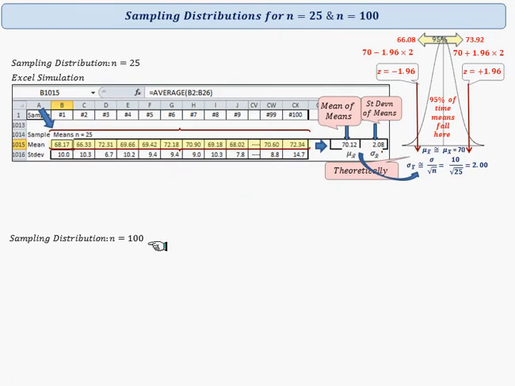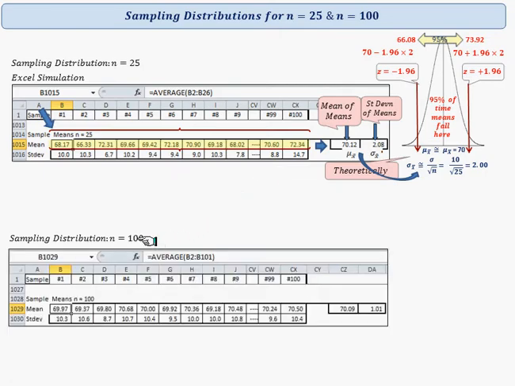Now we're going to look at a distribution of sample means for n equal to 100, and these down here represent the first 100 data items in each column, and notice there's 100 of them.